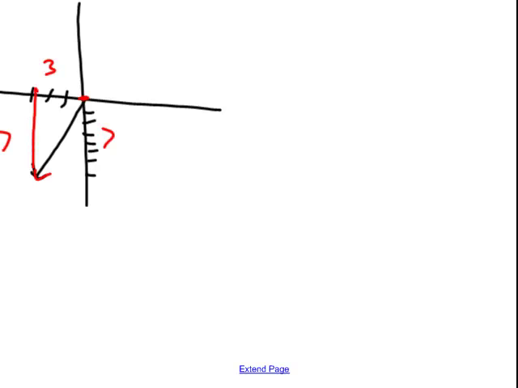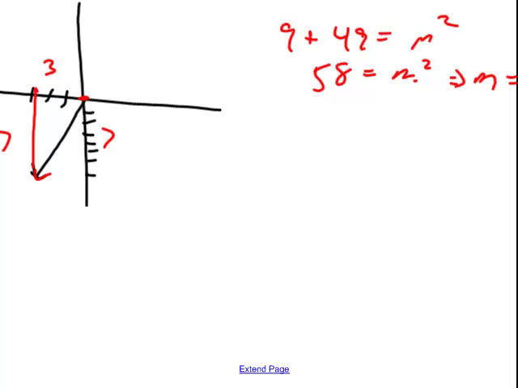Let me put the 7 over here, make it look like a right triangle. 3 squared plus 7 squared is equal to the magnitude squared. 9 plus 49 is equal to the magnitude squared. 58 is equal to the magnitude squared. So the magnitude is equal to the square root of 58. Square root of 58 can't be simplified, so I am done.